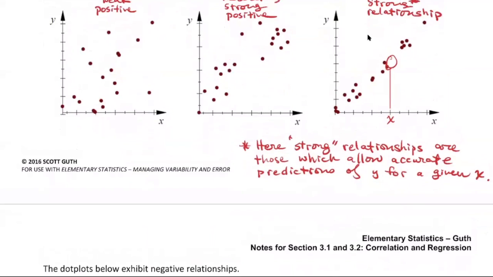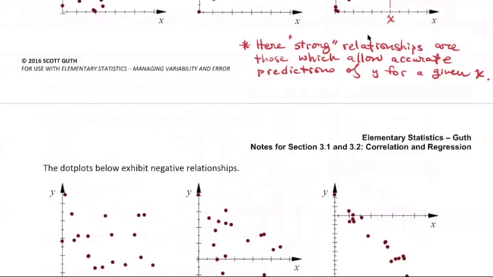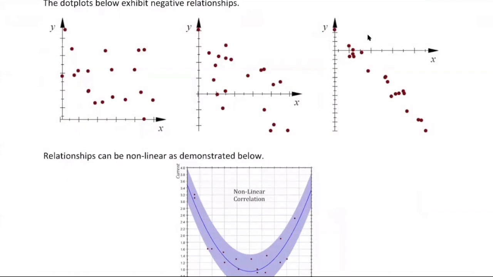Okay, so those are strong relationships. These are negative. Sorry, those are positive relationships. These are negative relationships. So this one's a weak negative. Okay, the next one's moderately strong but negative.